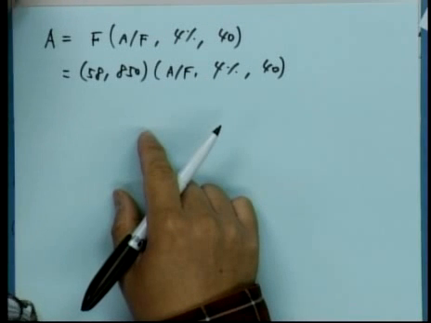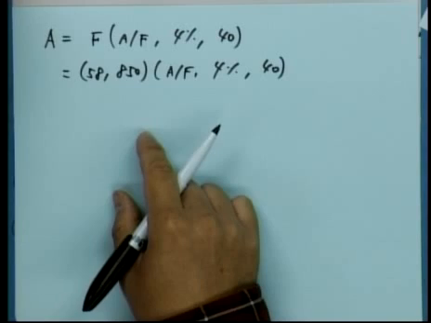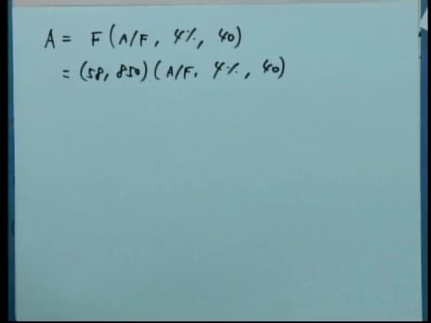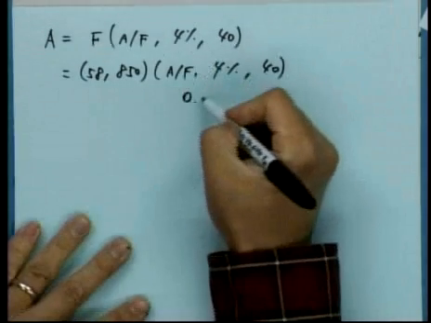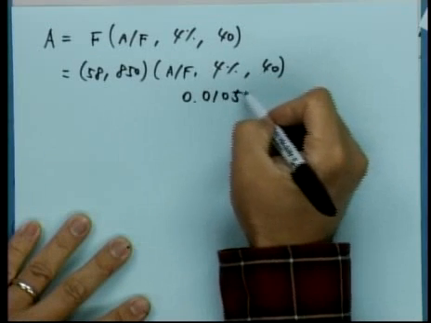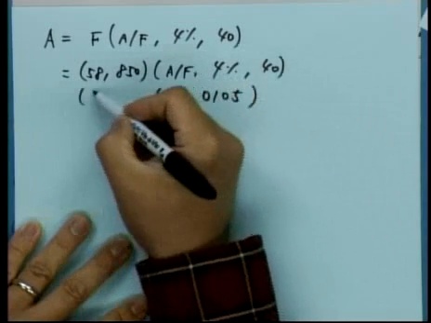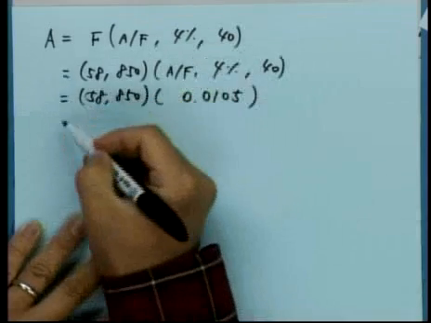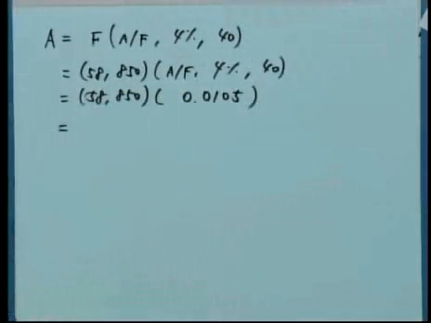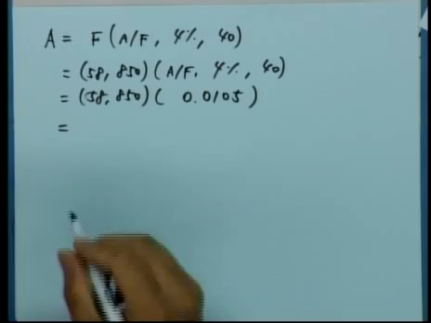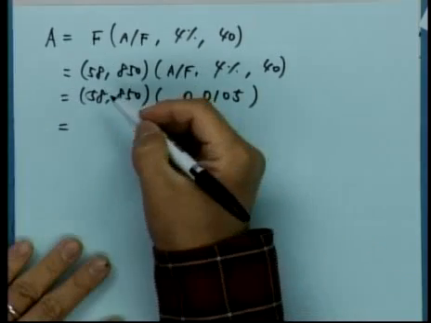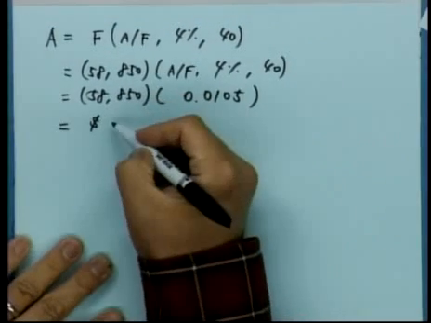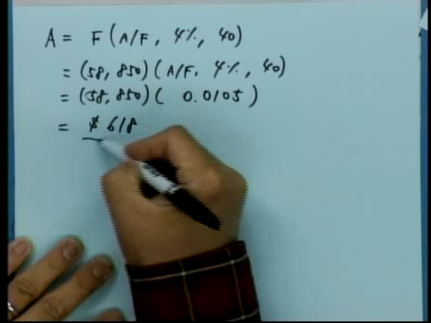So what is the value? That is 0.0105. So what is this value? That is $618.